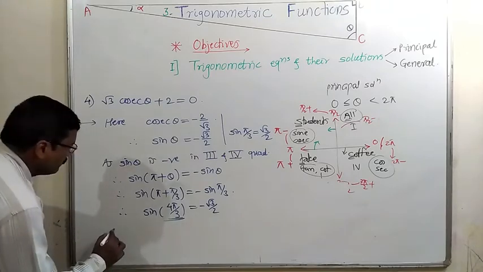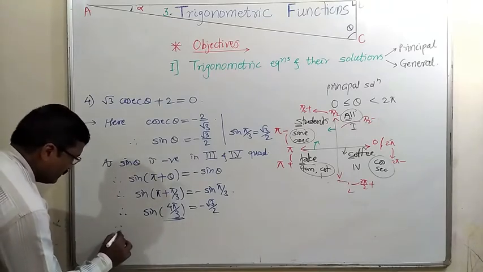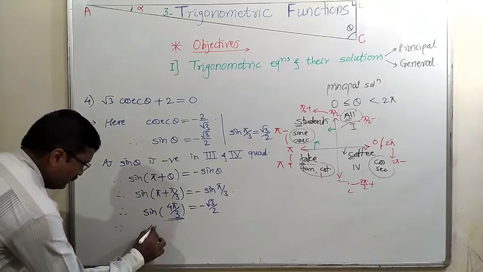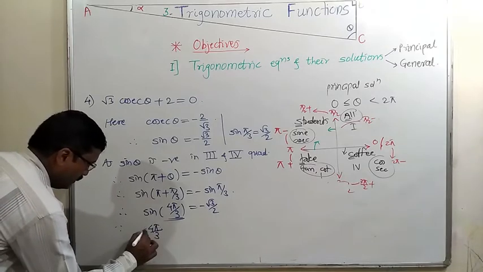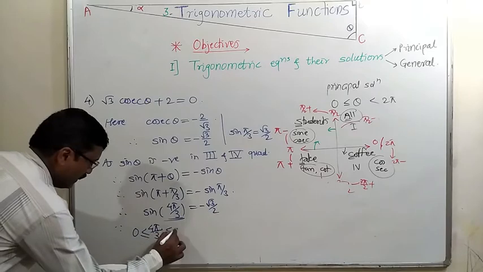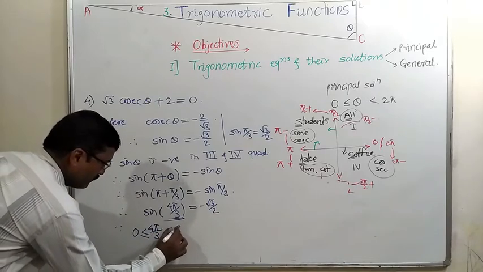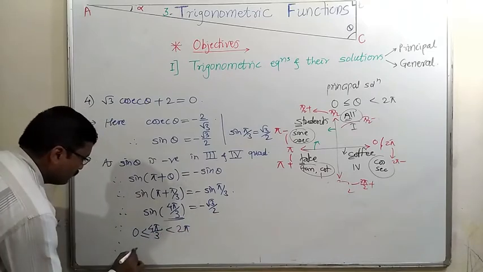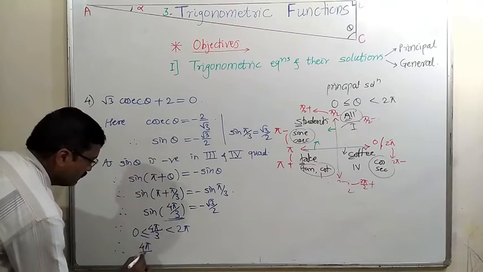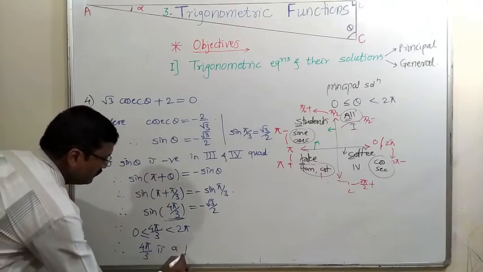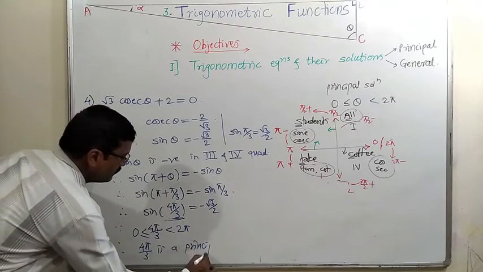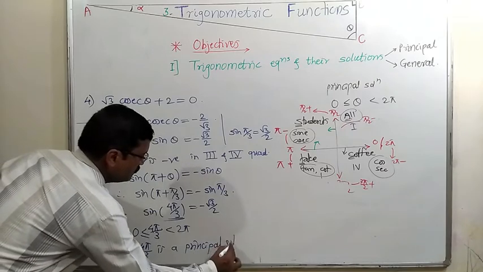And since 4 pi by 3 is greater than or equal to 0 and less than 2 pi, therefore 4 pi by 3 is a principal solution. Is it clear now?